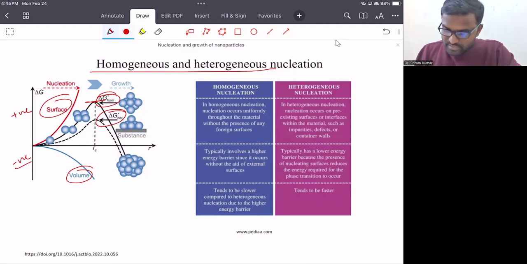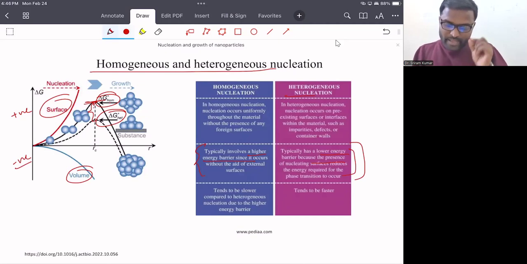This is the same as explained in this particular figure: in homogeneous nucleation we have the higher energy barrier, and in heterogeneous nucleation we have the lower energy barrier, right? So using this observation we understand that there is a small energy barrier for heterogeneous nucleation, however a higher energy barrier for homogeneous nucleation, and that will affect the rate of the nucleation process.